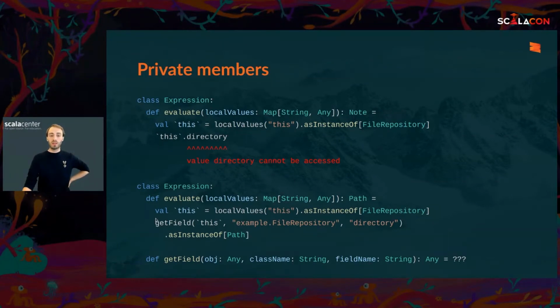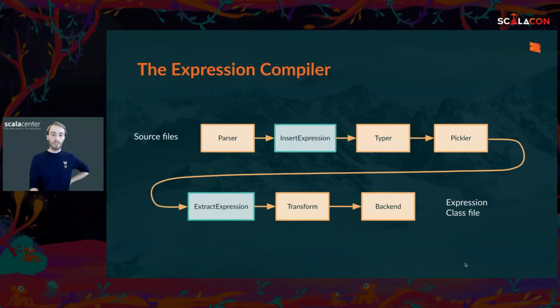For instance, here we want to access a field. So we call this method getField in object this, whose class is FileRepository, and we want to access the field named directory. And this helper method is implemented using Java reflection. Okay, so that's the extract expression phase.